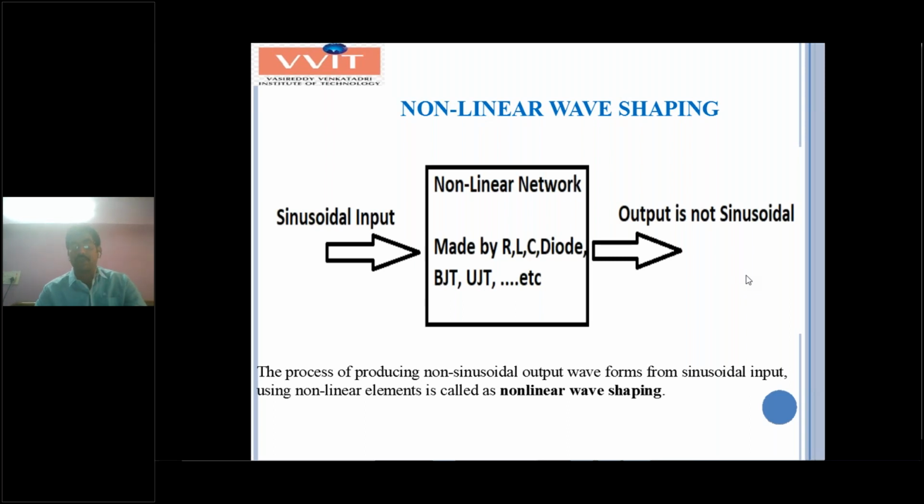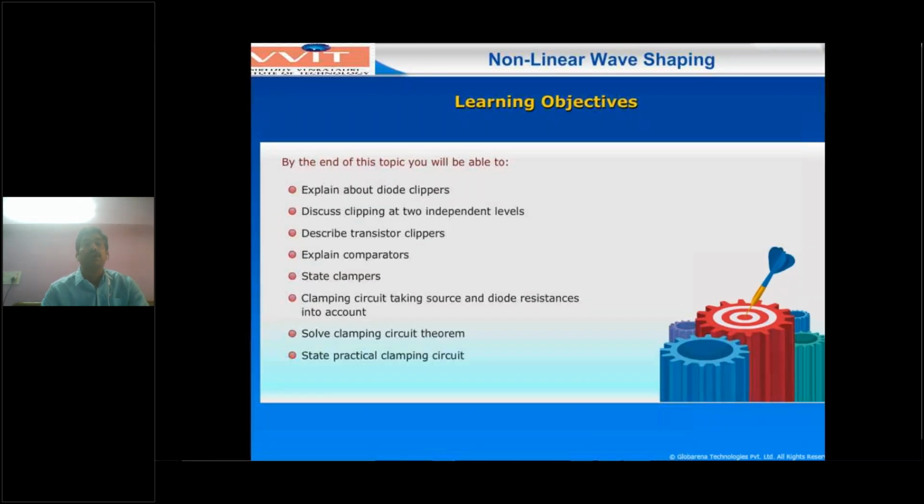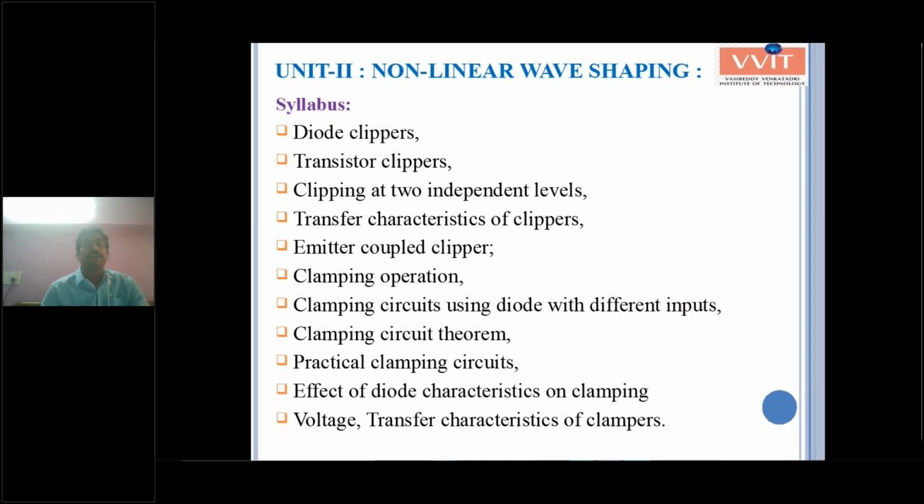Now you apply a sinusoidal input, and the output you get is a non-sinusoidal waveform. The process of producing a non-sinusoidal output waveform from a sinusoidal input using non-linear elements is called non-linear wave shaping.